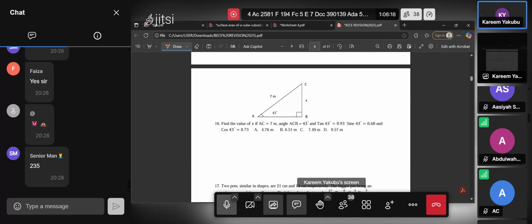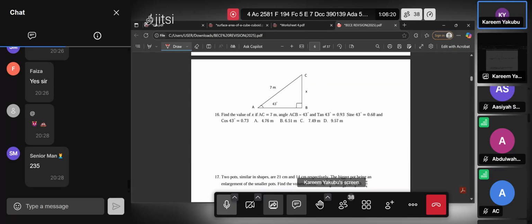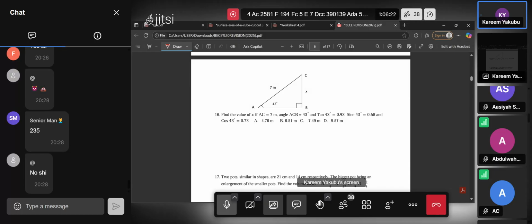Question 16. Find the value of x if AC is 7, angle ACB is 43 degrees, and sine 43 is given. You find the value of x. The same thing here. This is the opposite, this is the hypotenuse, and this is adjacent. We are looking for opposite, we are given hypotenuse. So in SOHCAHTOA, which of them has O and H?